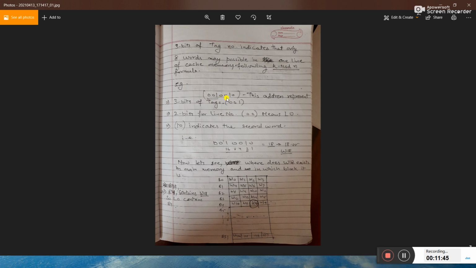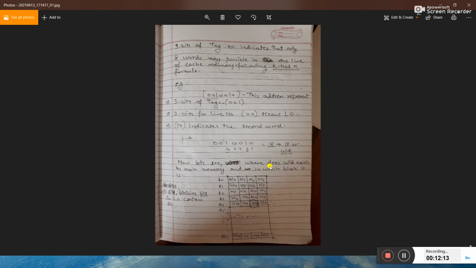Next, 00 means line number 0, and 10 means word number 2, so word number 2 will be accessed. Now how will it be interpreted? So 1, 2, 4, 8, 16, right? 16 plus 2 is 18, so word number 18 must be accessed by the CPU.